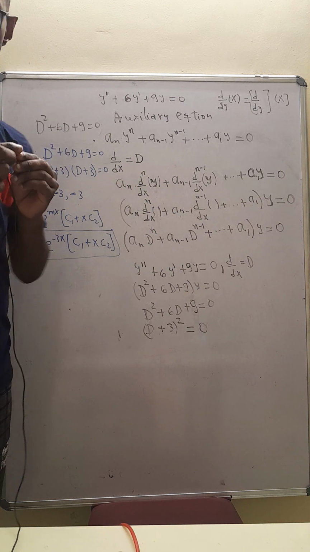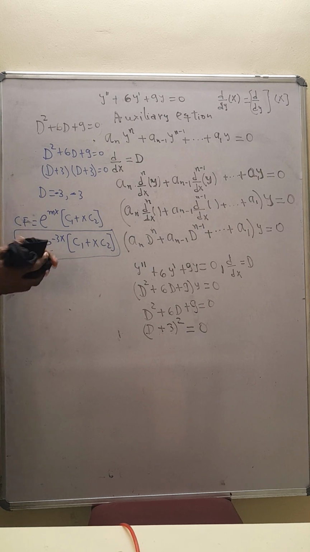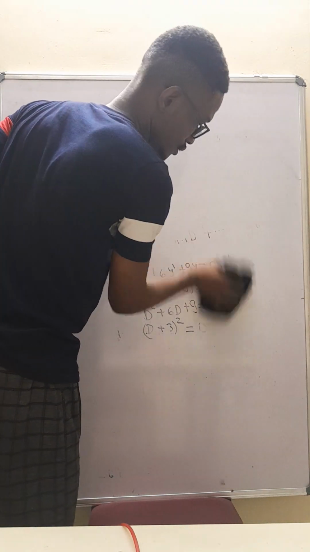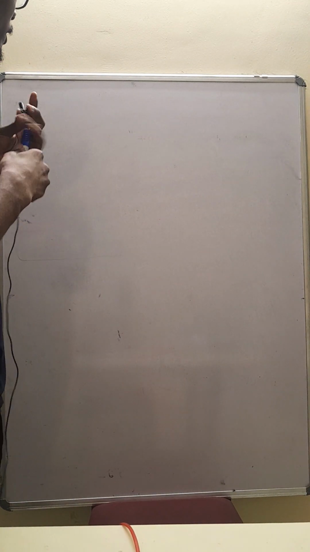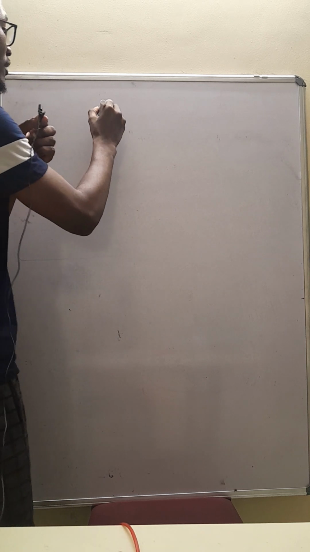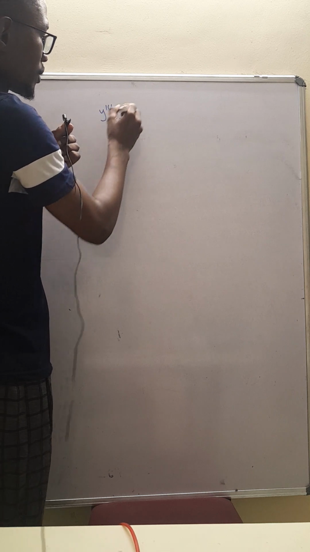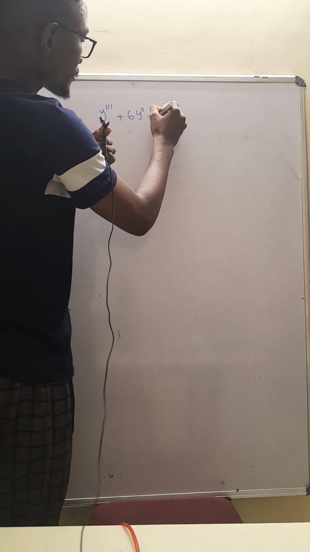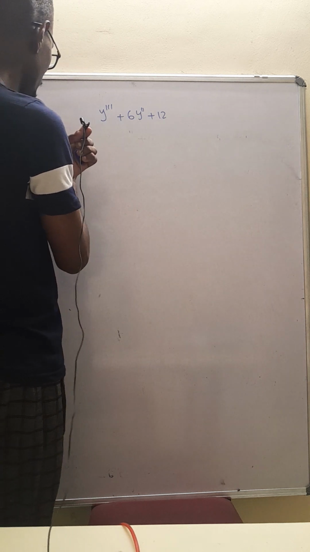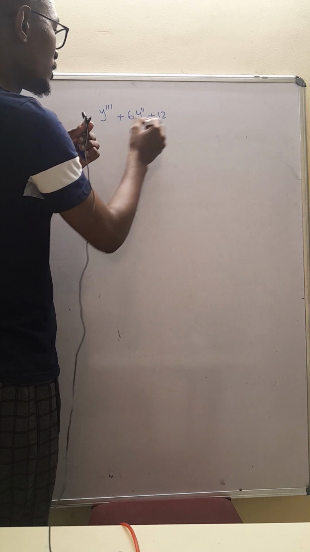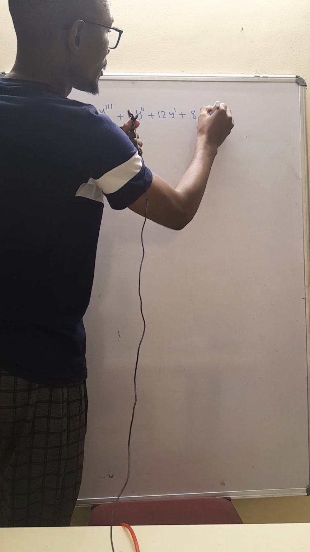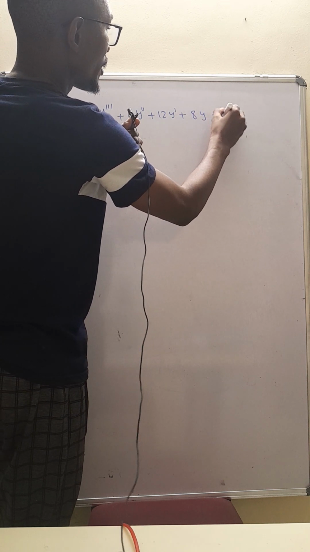Now let me solve another exercise. Suppose we have y triple dash plus 6y double dash plus 12y dash plus 8y equal to 0.